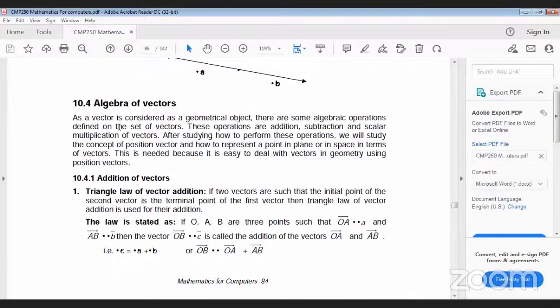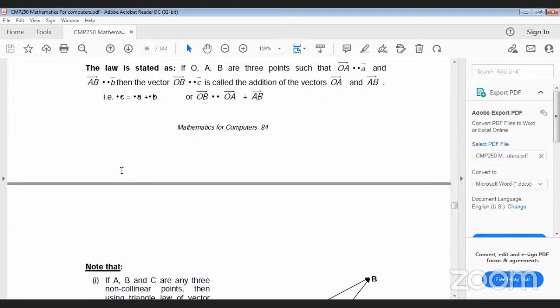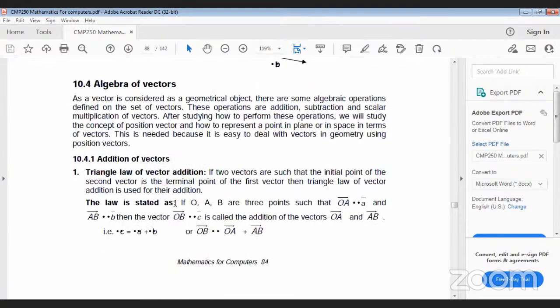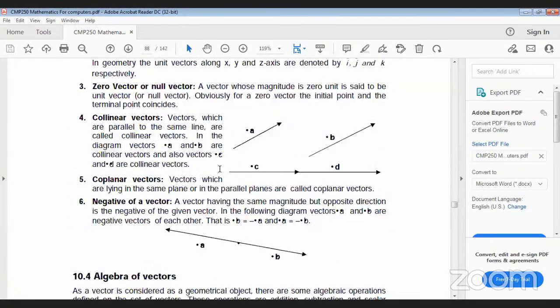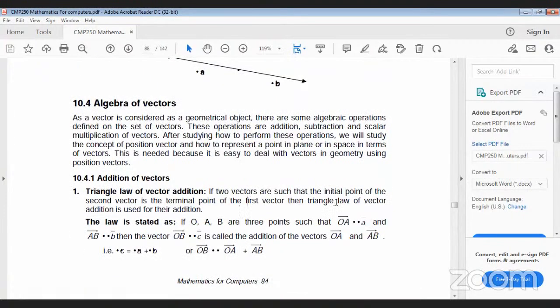Now algebra of vectors. Normally when a new term is introduced, you need to find its addition, subtraction, multiplication and so on. Now when we are talking about addition of vectors, which law are we going to use? Triangle law. It means if two vectors are such that the initial point of the second vector is the terminal point of the first vector, then the triangle law of vector addition is used.